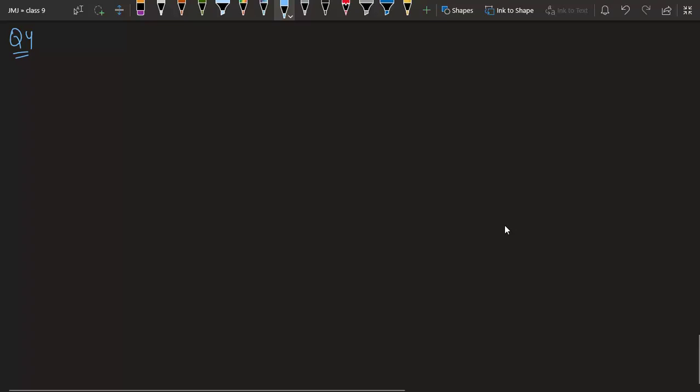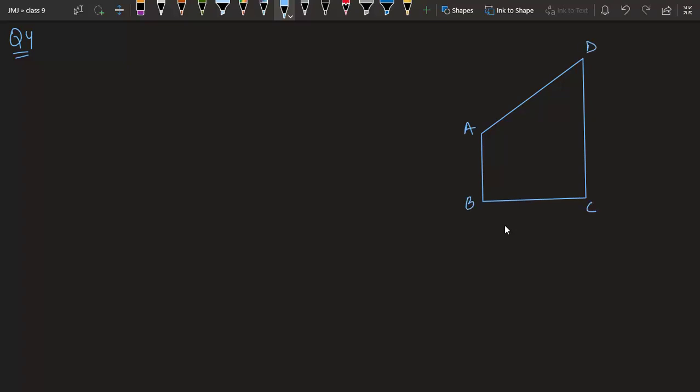So given to us is a quadrilateral ABCD, in which AB is the smallest side, not smaller but smallest of all.